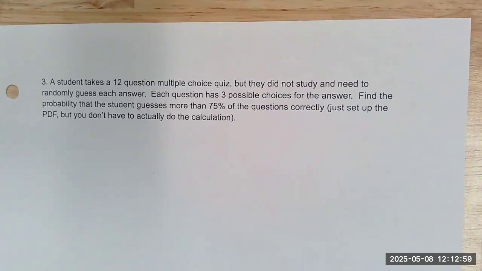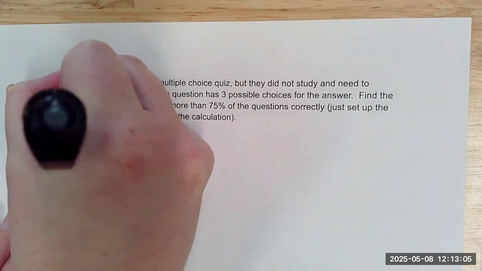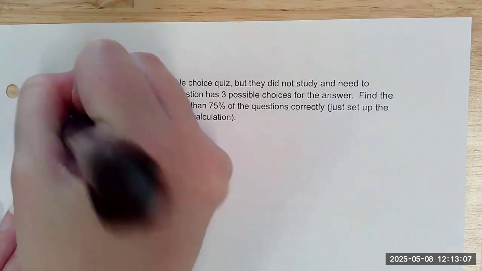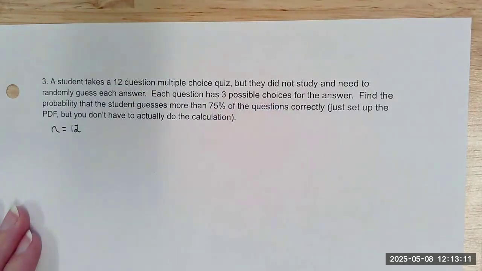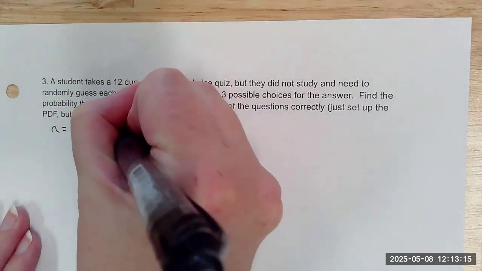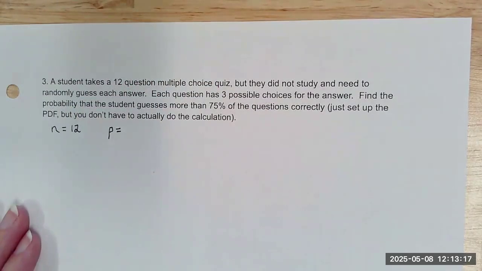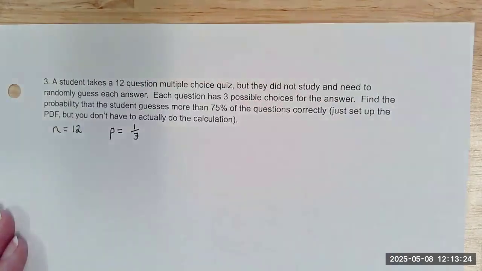Okay. So 12 questions means your n for this is 12. Because each question has 3 possible answer choices and we're guessing here, the probability of a success, as a decimal, is 0.33. To make it exact, the probability of a success is 1 out of 3, if you're guessing.